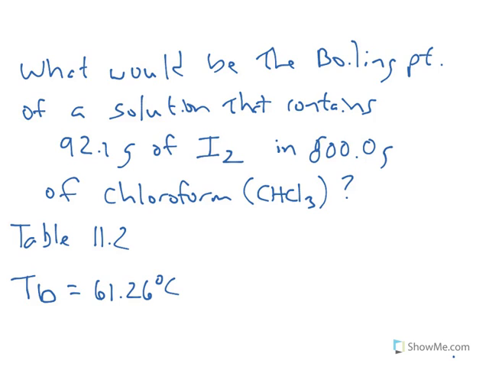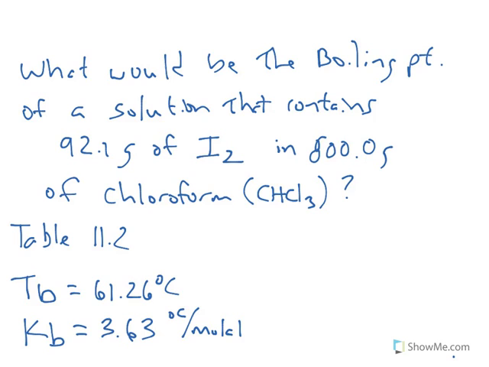Another thing that we find in our table is the boiling point elevation constant of 3.63 degrees C per molal. That's for chloroform.